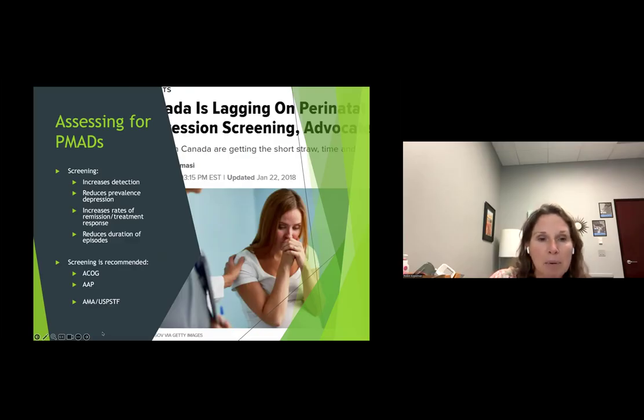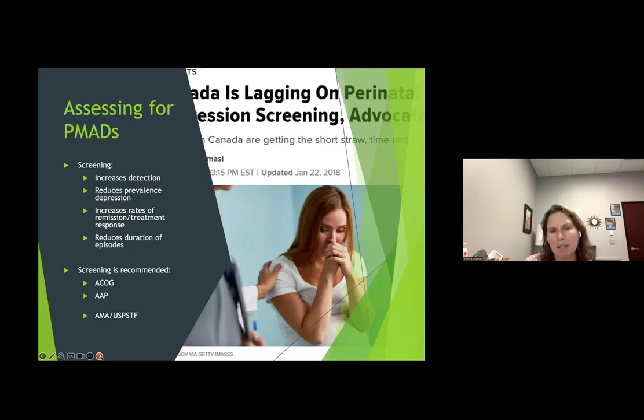It can improve treatment rates and remission, and shorten the duration. And as we already talked about, screening is recommended by a lot of US organizations involved in this. Canada has some reasons that I'm not going to go into for not doing that.